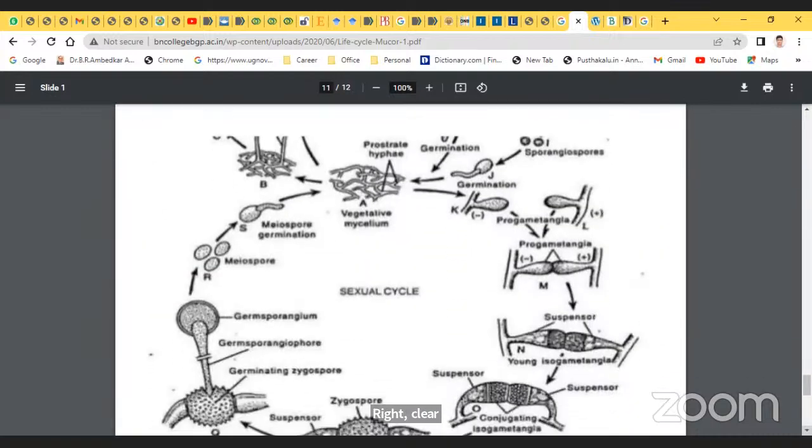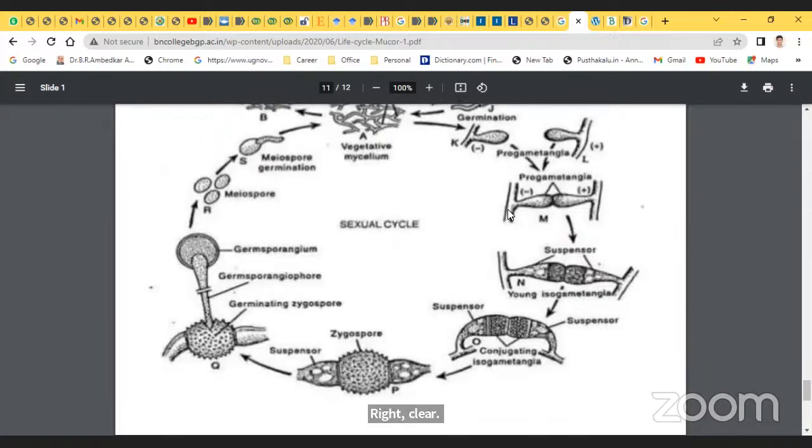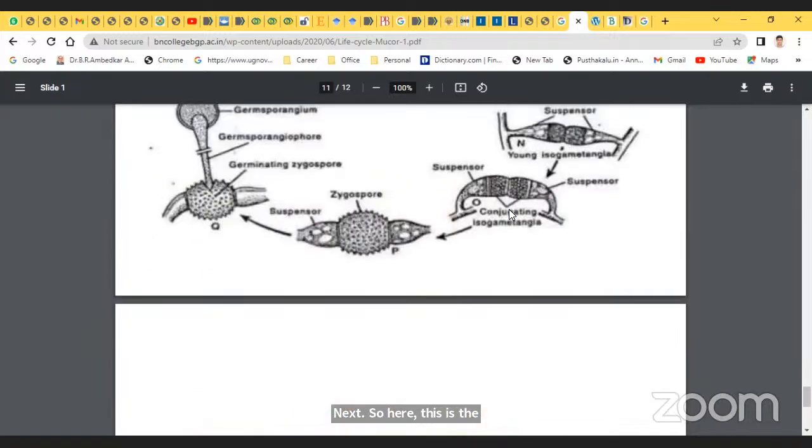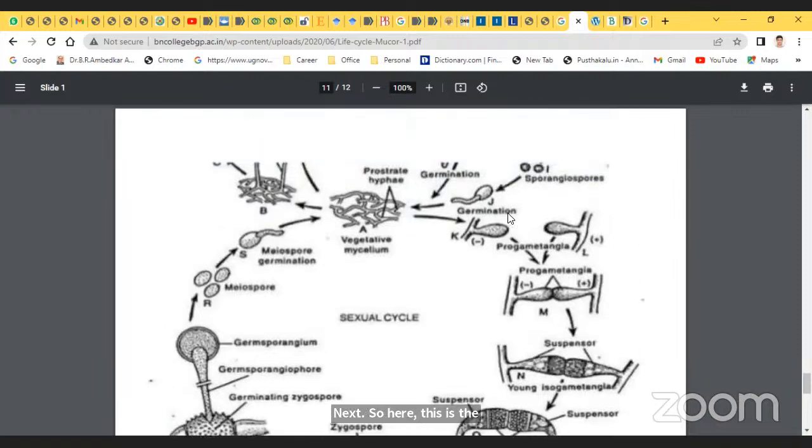Next, this is the sexual life cycle of Mucor.